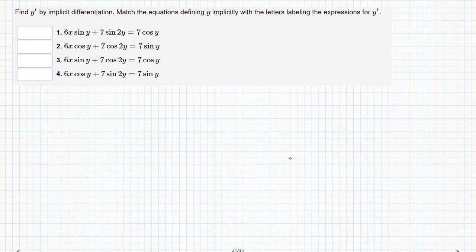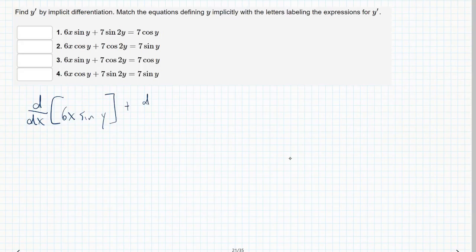All right. So now we want to find y prime by implicit differentiation. Don't worry about the matching, what goes on there. So implicit differentiation says we differentiate with respect to x on both sides. So that's 6x sine of y, and then 7 sine of 2y, and equals 7 cosine y.